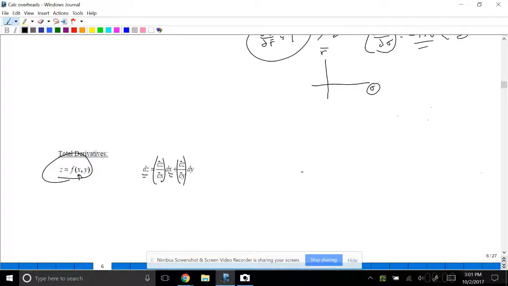And we have the change in z with respect to y holding x constant, times the change in y. So we can think about these as kind of like regression coefficients. Holding the other variables constant, this is the sensitivity of z with respect to x, and this is the sensitivity of z with respect to y holding other variables constant, and here we change the variables.